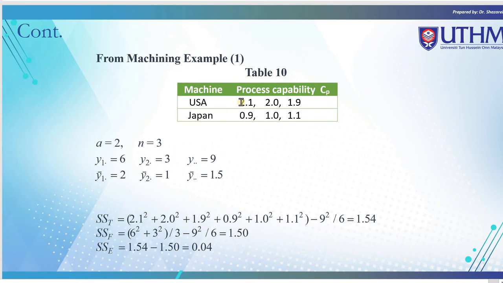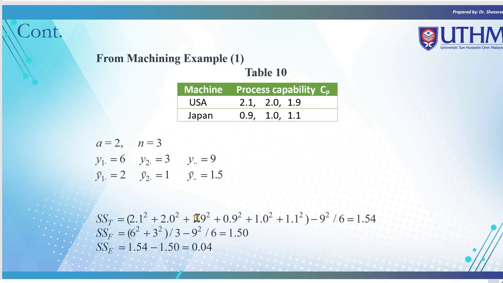For each level we have 3 observations, so the replicates equal 3. And then the average for the first level: we take the average of 2.1 plus 2 plus 1.9 and then divide by 3. So we will get the average of the first level and also the average for the second level, and then the average overall.